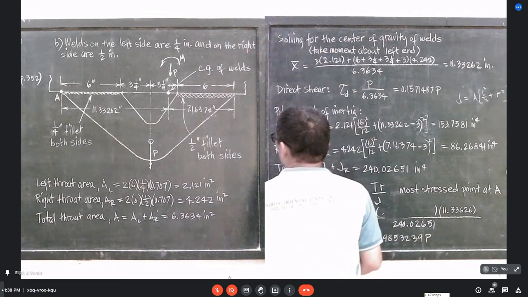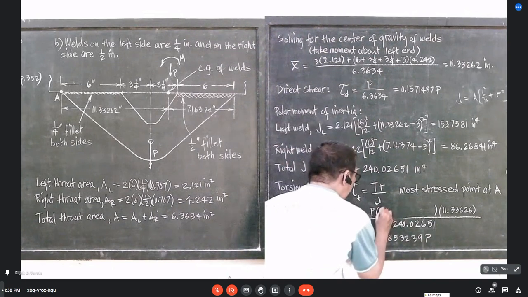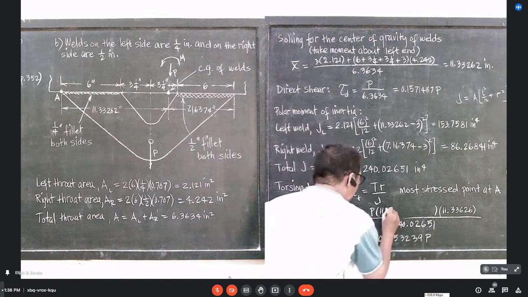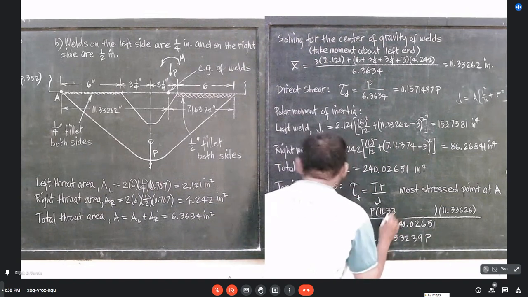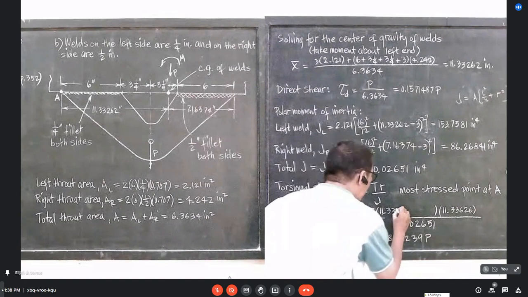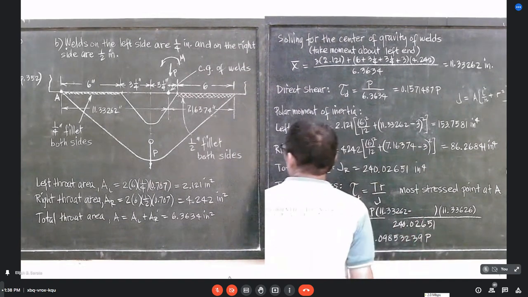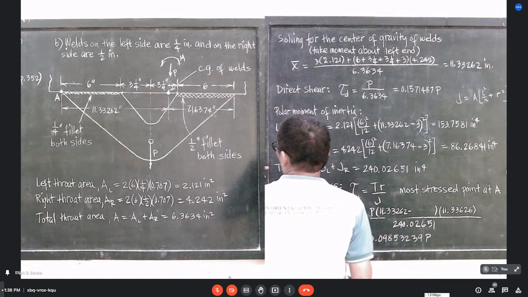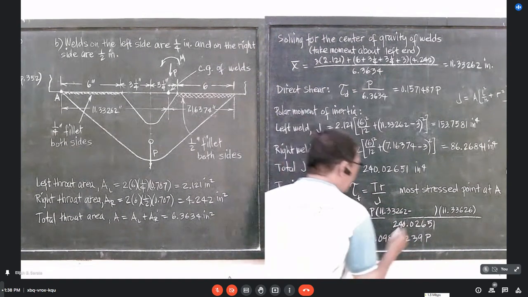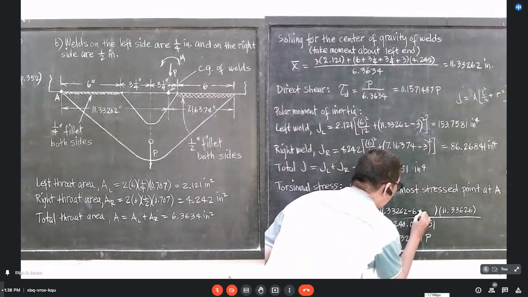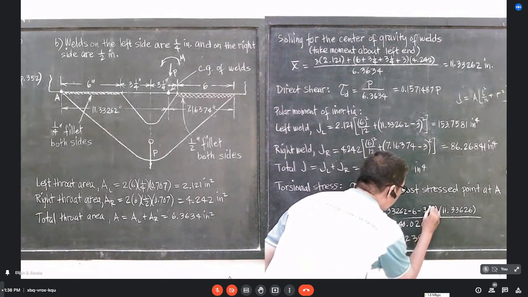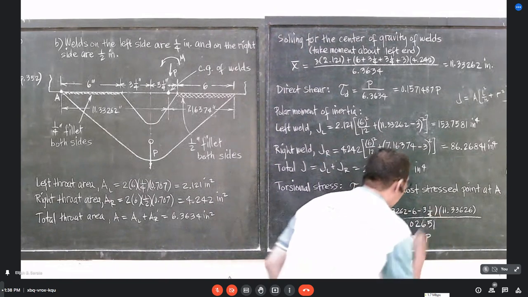So it is 11.33262 minus 6 minus 3 and 1/4. That's correct now?